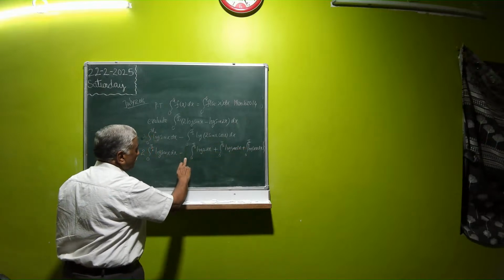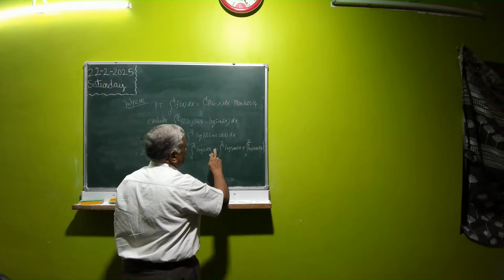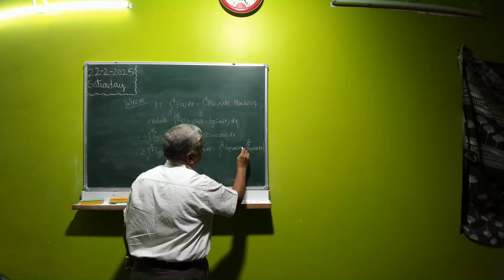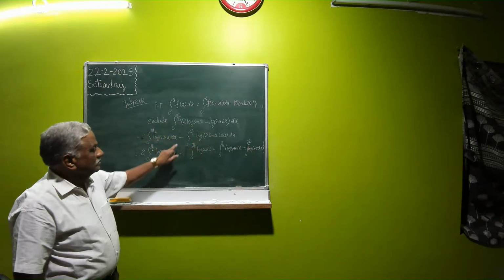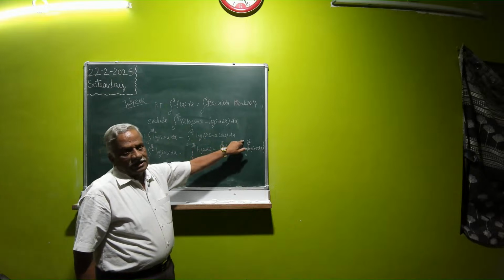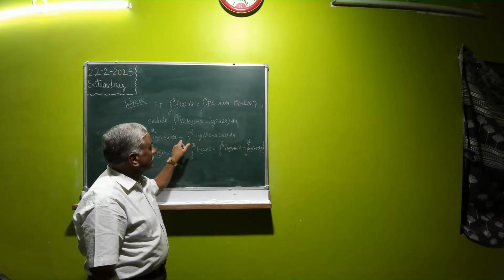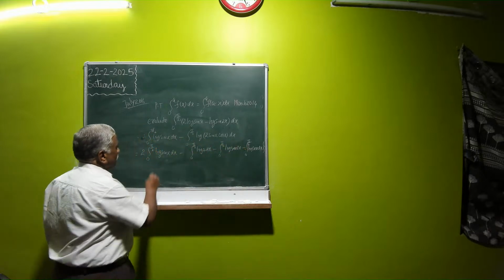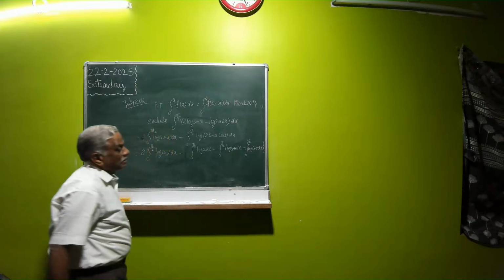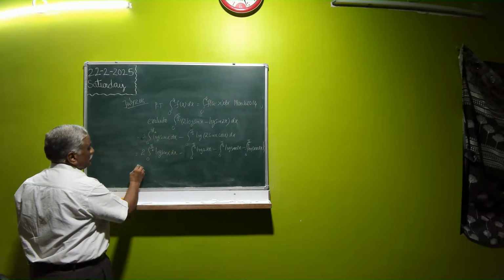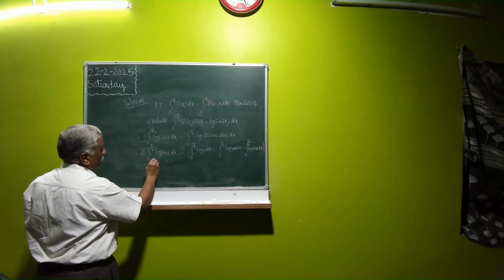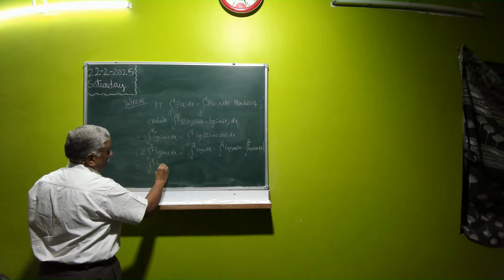Now I remove this bracket. This becomes negative. This also becomes negative. So first I write log m n p, because there is minus and all the three are negative. Here 2 log sin x is 1, this is minus 1 log sin x. So this becomes 0 to pi by 2 log sin x.